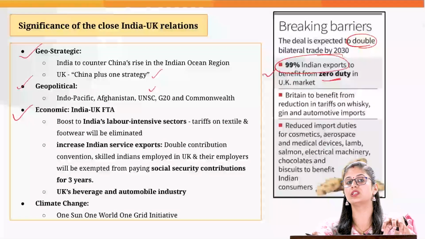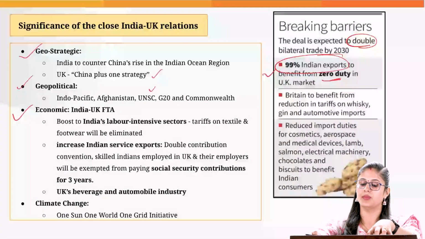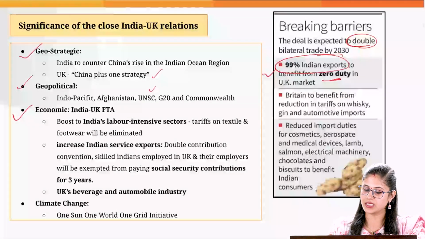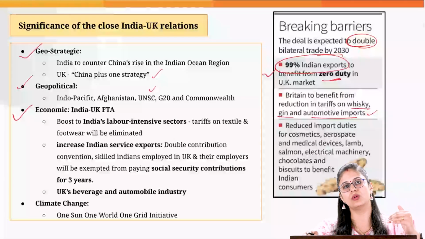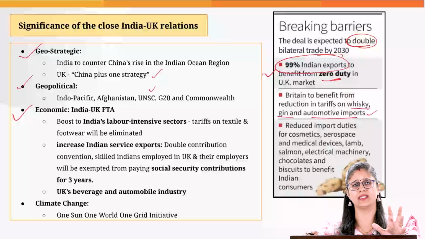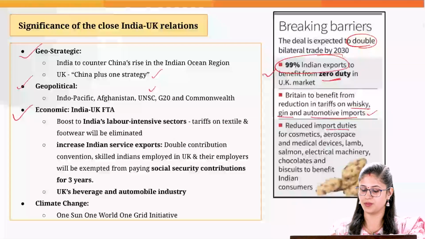This deal is not just beneficial for India, it is also beneficial for the UK. Why? Because British whiskey, gin and automotive parts would now face very low, basically negligible, tariff rates. And the reduced import duties on cosmetics, aerospace, medical devices, lamb, salmon, etc. would benefit Indian consumers.